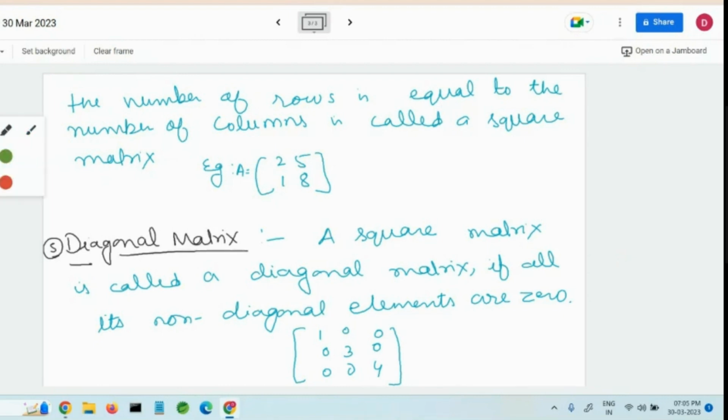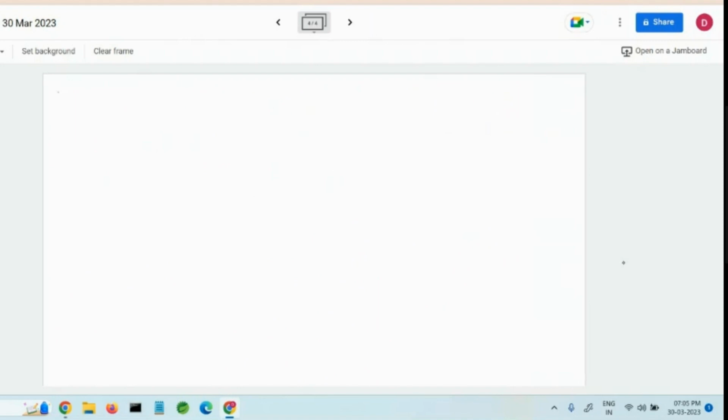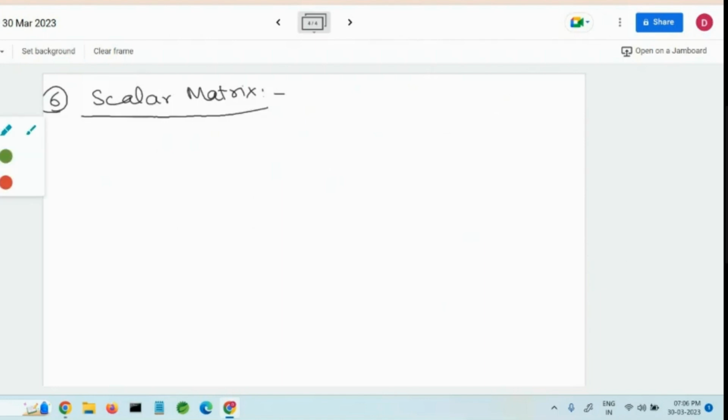The next type of matrix is the scalar matrix. In the scalar matrix, all the diagonal elements are equal. It may be 2, 3, 4, and the non-diagonal elements are 0. So this type of matrix is called the scalar matrix.